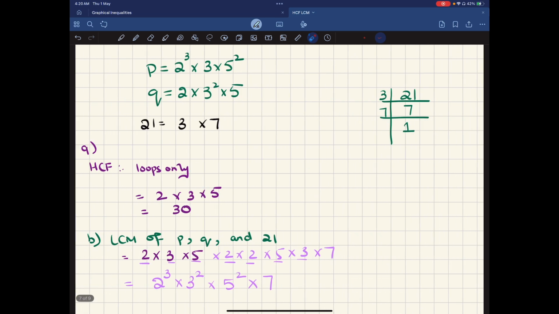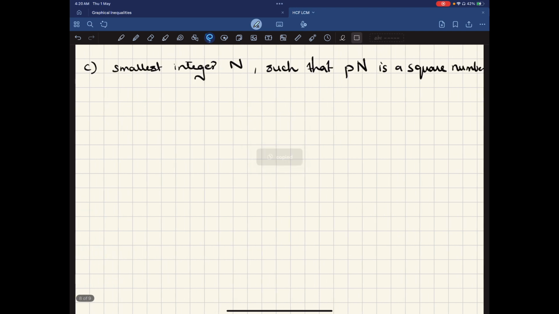Okay, so we're going to copy the factors of P, paste. Okay, so what is Pn going to be? So this is P, and P is being multiplied by n, and we don't know what the value of n is.